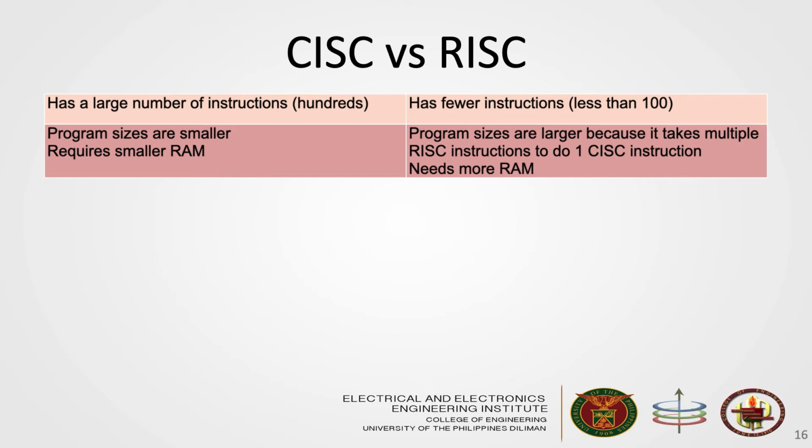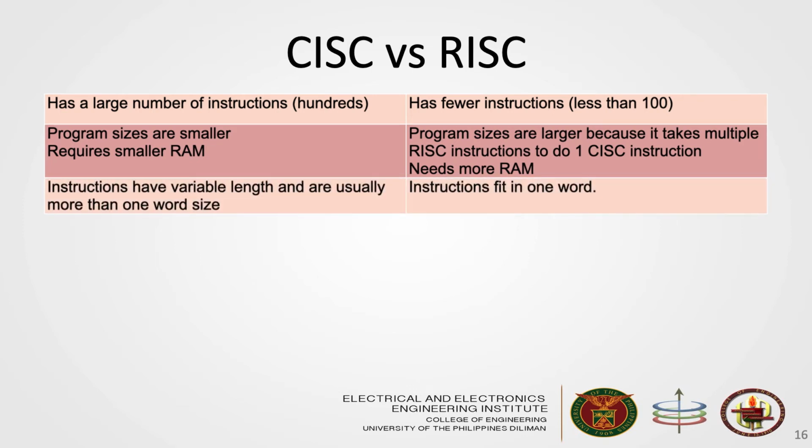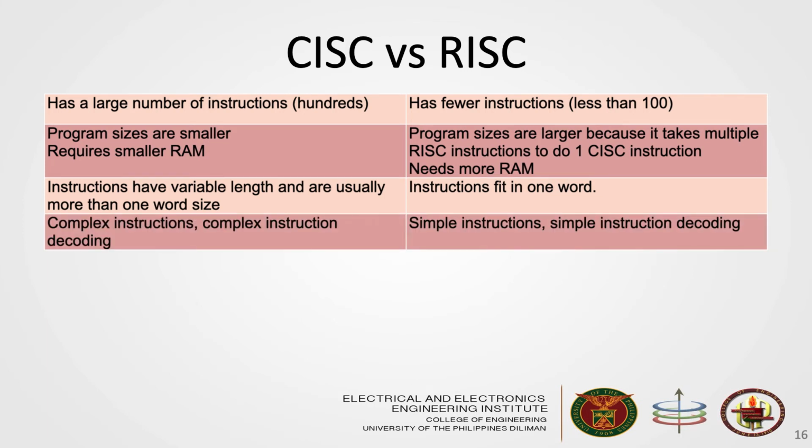This is because it takes multiple RISC instructions to do a single CISC instruction. CISC has variable length instructions and are usually more than one word size, while RISC instructions all fit in one word. And since CISC uses complex instructions, its instruction decoding is also complex, while RISC has simple instruction decoding.